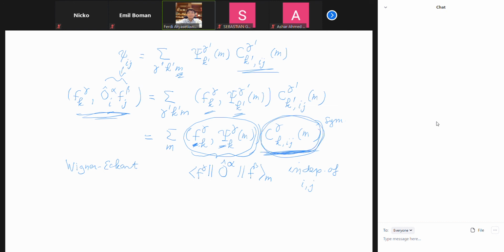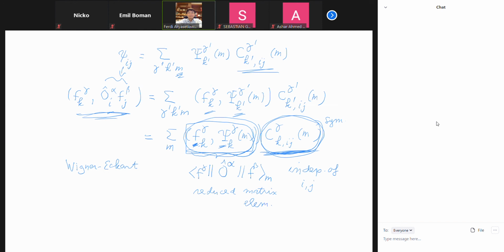The parts which do not depend on symmetry, like the strength of the potential or some other parameters, enter here in this so-called reduced matrix element.